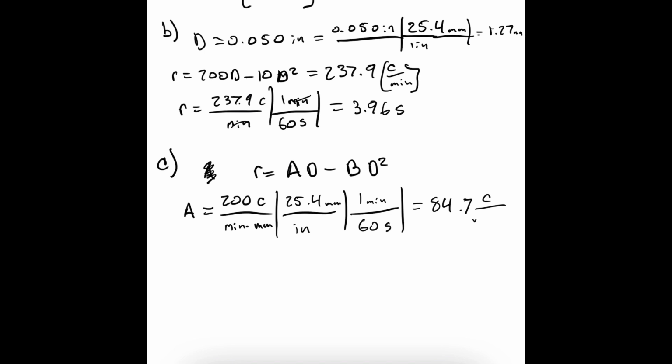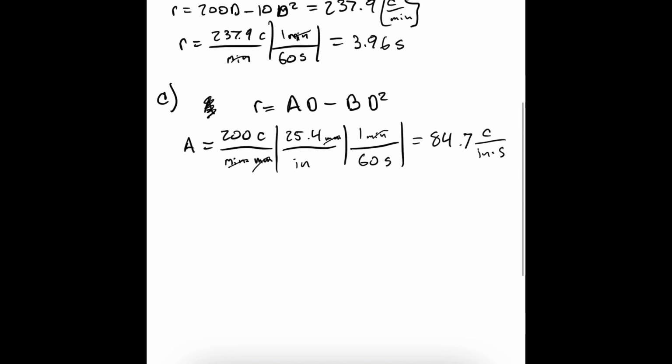crystals per, minutes cancel, millimeters cancel, so inch second. So that's what A equals. And now B equals 10 per minute times millimeter squared.